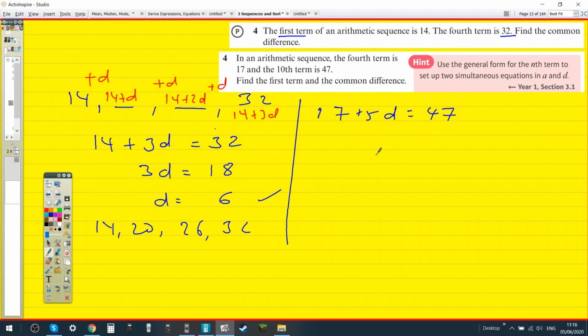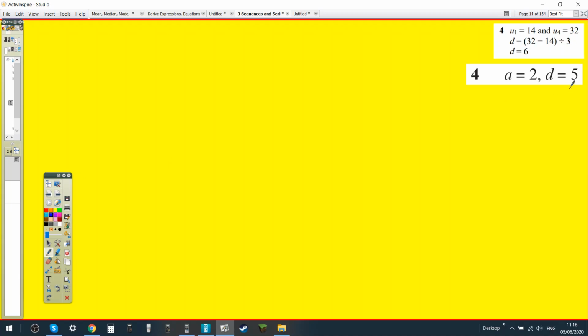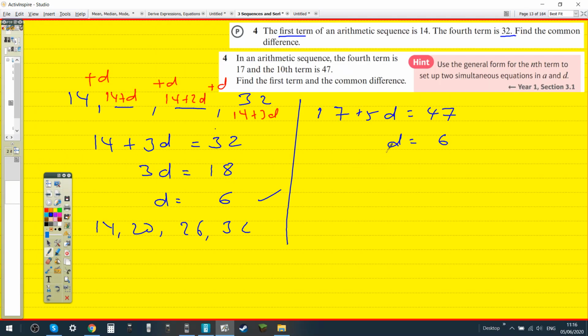Yep. Is the common difference 6 again? I don't know. Is this one 6D? Well, we'll see. Do I have the answers? This one is saying the common difference is 5.